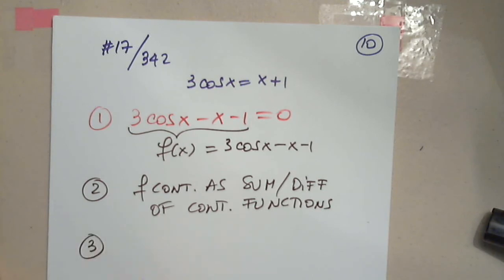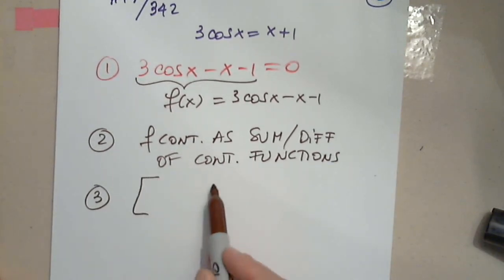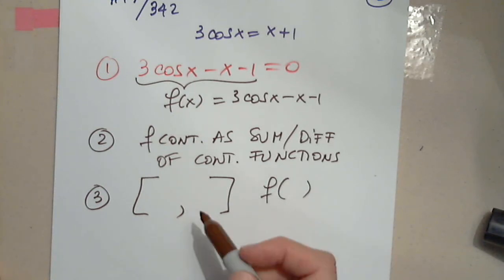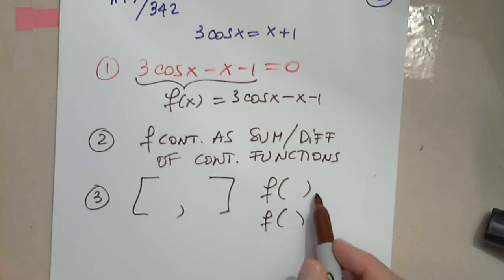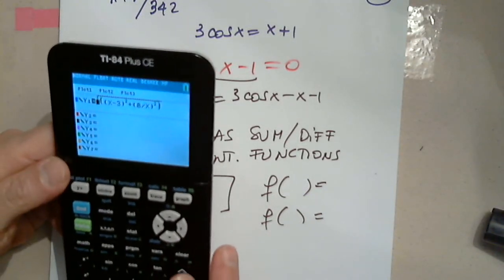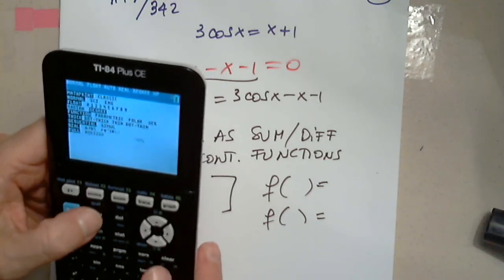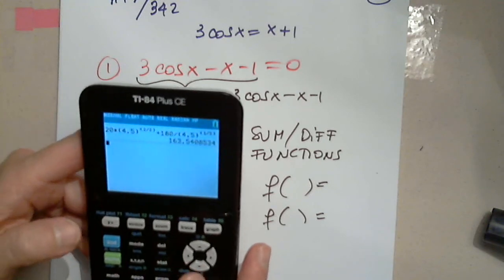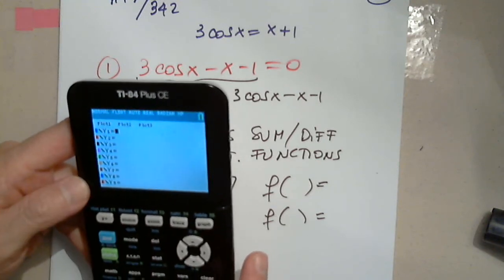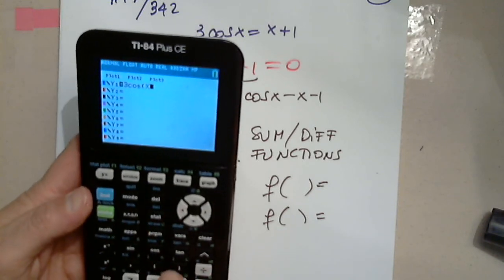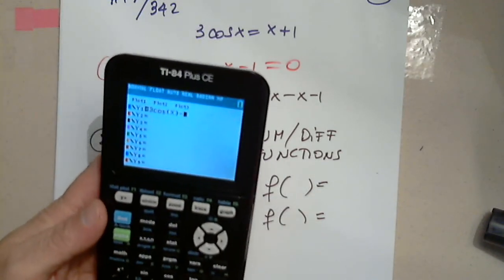In step number 3, I have to find an interval where the function at one end is positive and the other one negative, or vice versa. In other words, I have to use the calculator, and in y equals, make sure the mode is in radian mode, and then in y equals, I have 3 cosine x minus x minus 1.